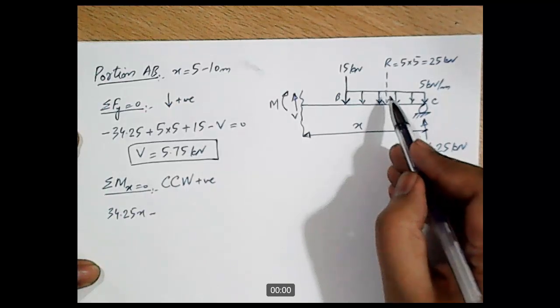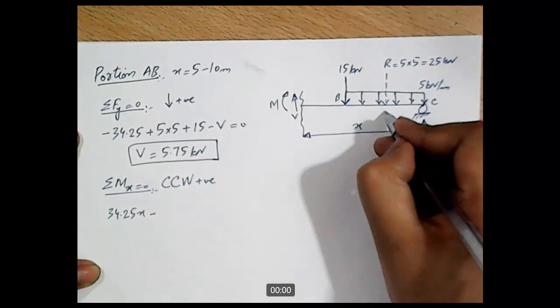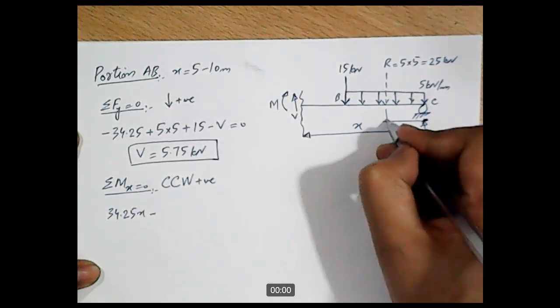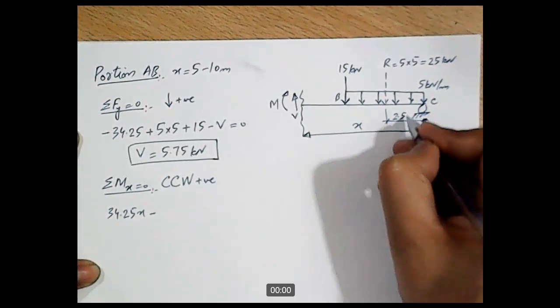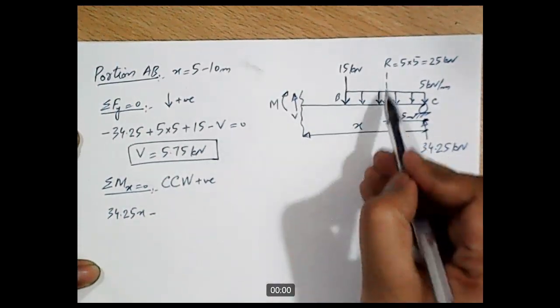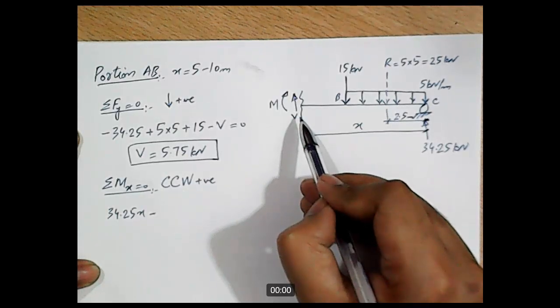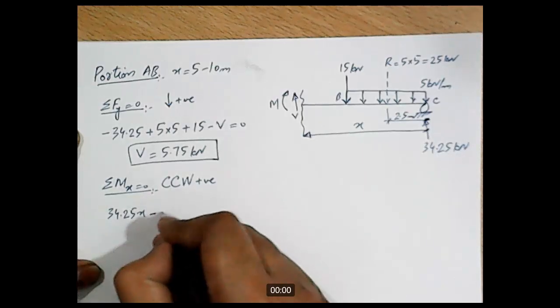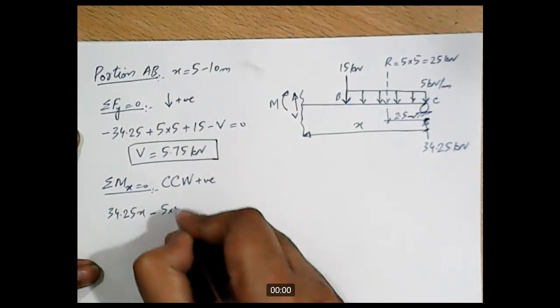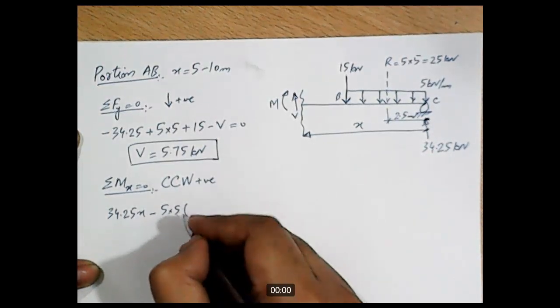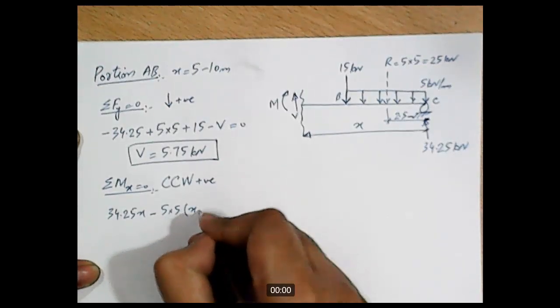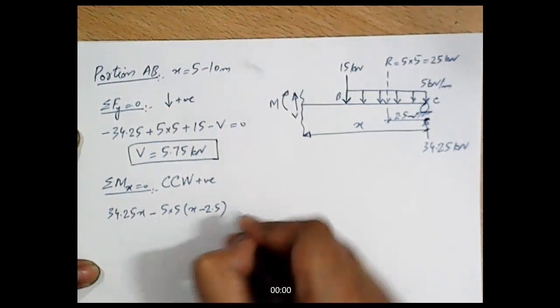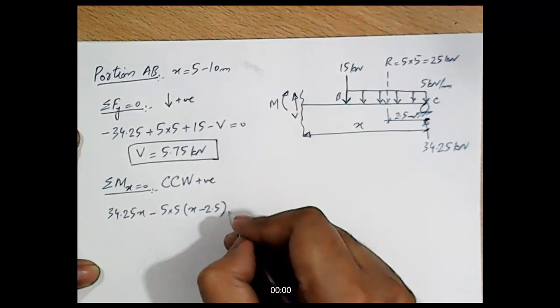Now the portion present on the right side of the resultant, this part is 2.5 meters. So the distance between this resultant and the section is x minus 2.5. So minus 5 into 5 is the magnitude of the resultant, and x minus 2.5 is the perpendicular distance between the resultant and the section.